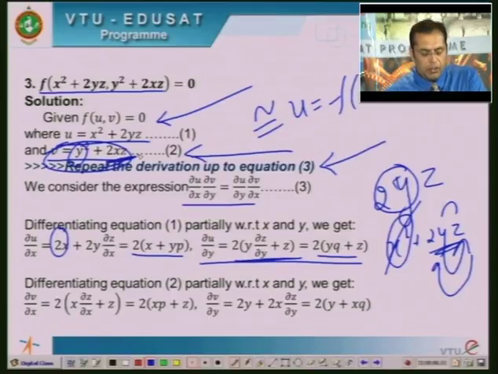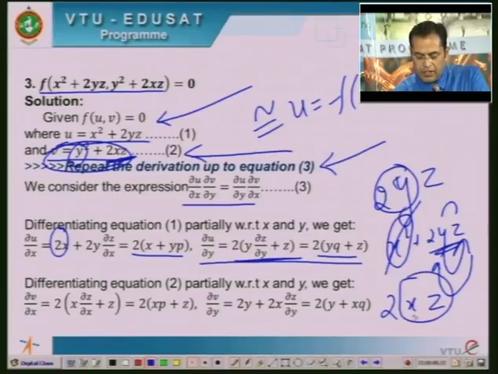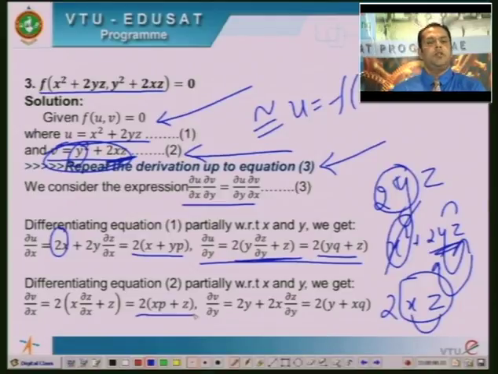So, if you apply product rule, so you have 2 into x into z, 2 comes out as the constant, apply product rule for x into z, which gives you x into dou z by dou x plus z into 1, which on using notations is 2 into xp plus z.